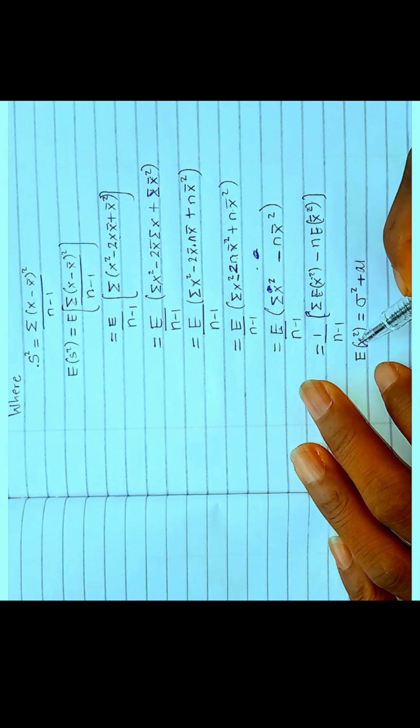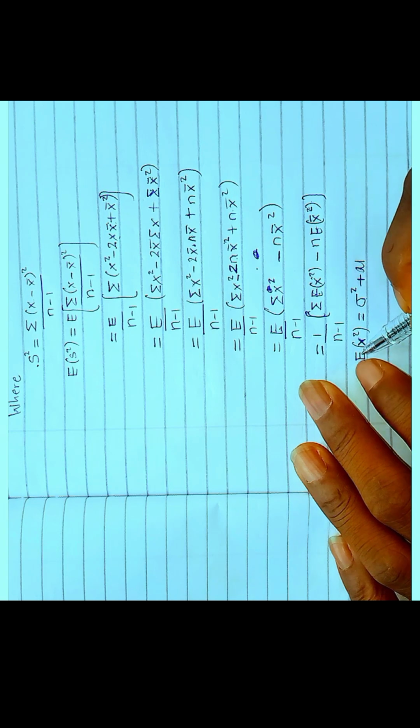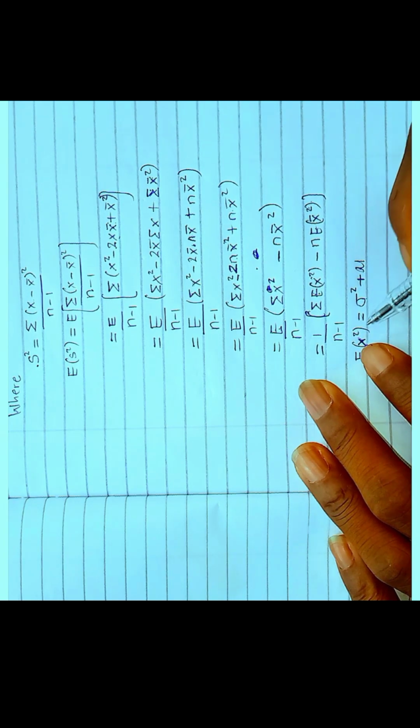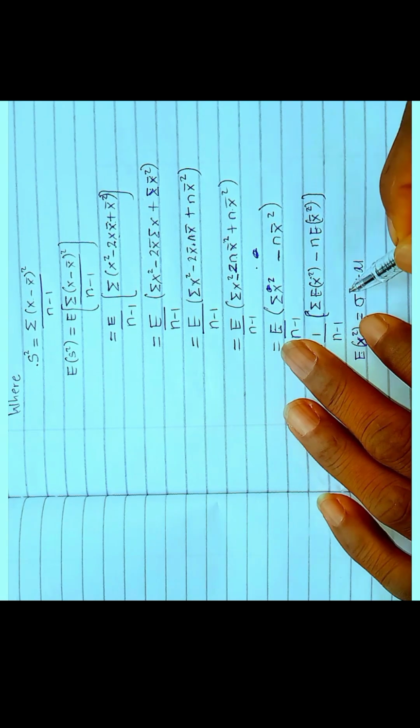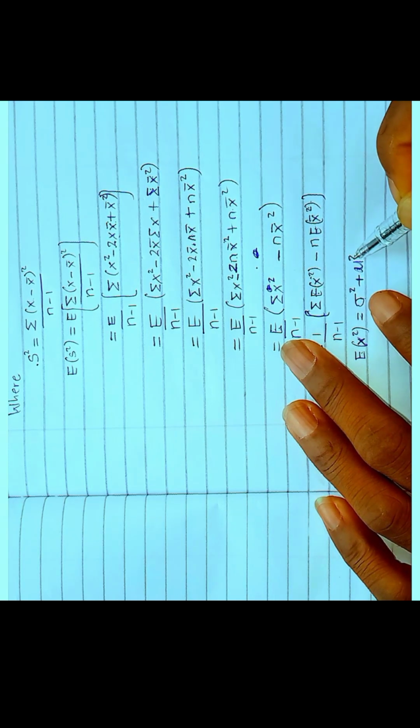This is another way of writing population mean. Either write it as x or mu. So the expected value of x squared is equal to the variance plus the population mean also squared. Sorry, I missed the square here.